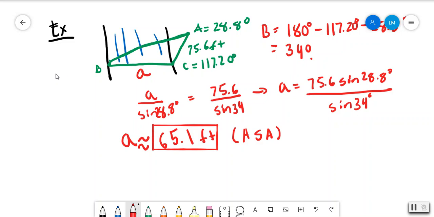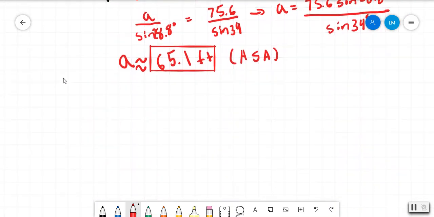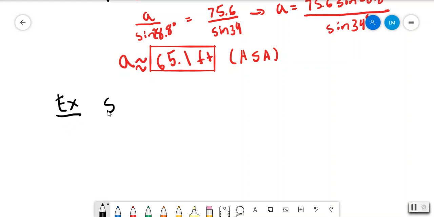Okay, so the last thing that I can talk about is looking at, for example, if we were to apply side angle angle. Okay, so if we do side angle angle, let's say that you have the following.